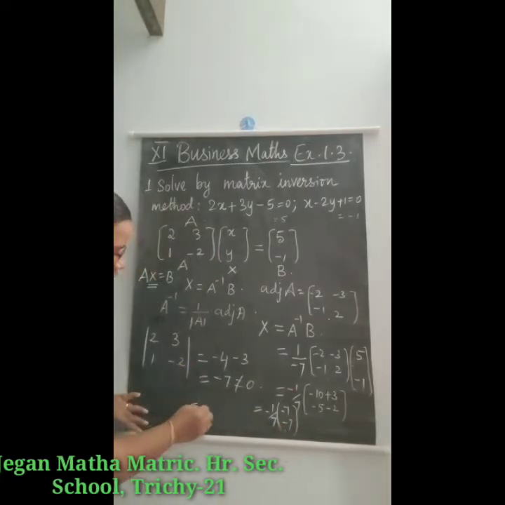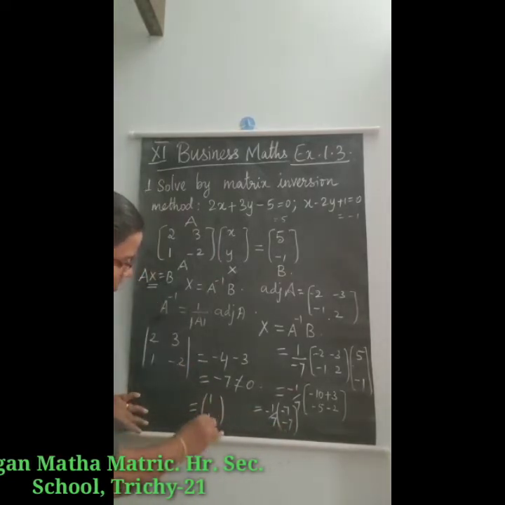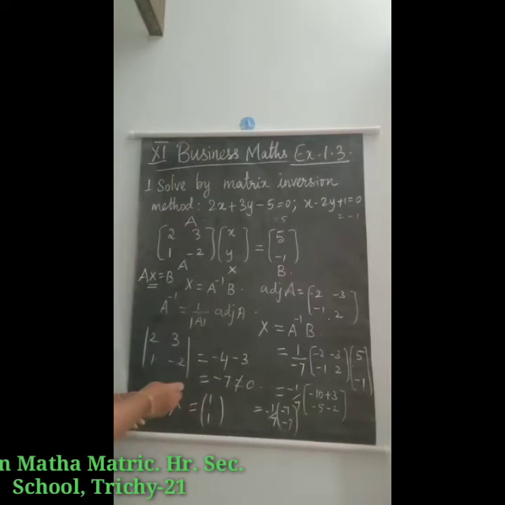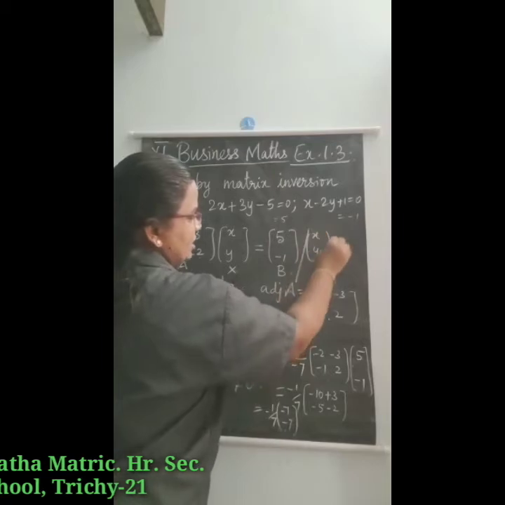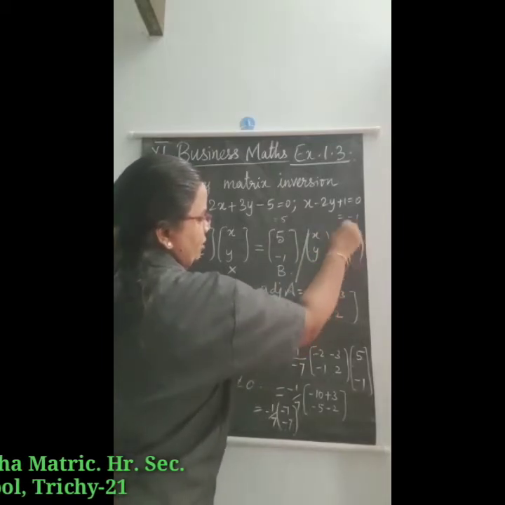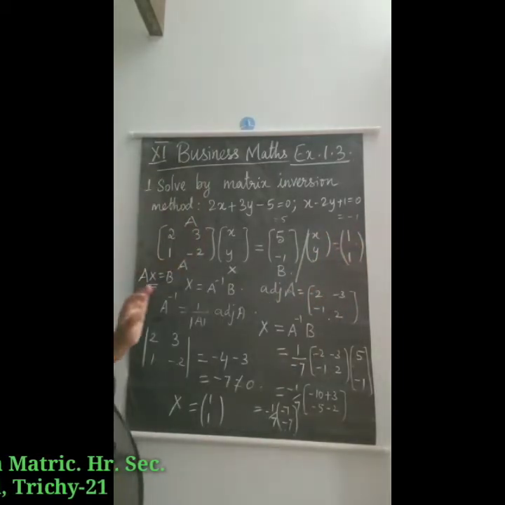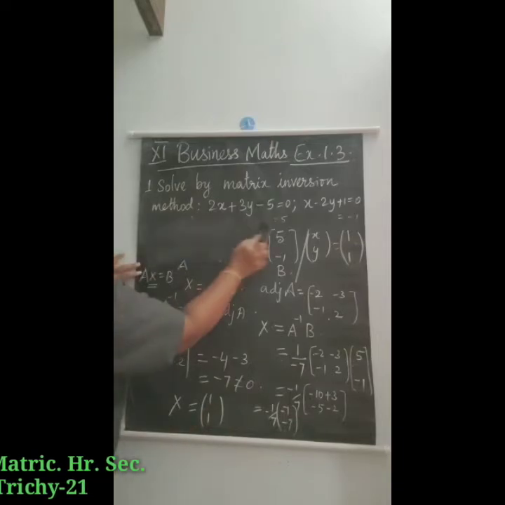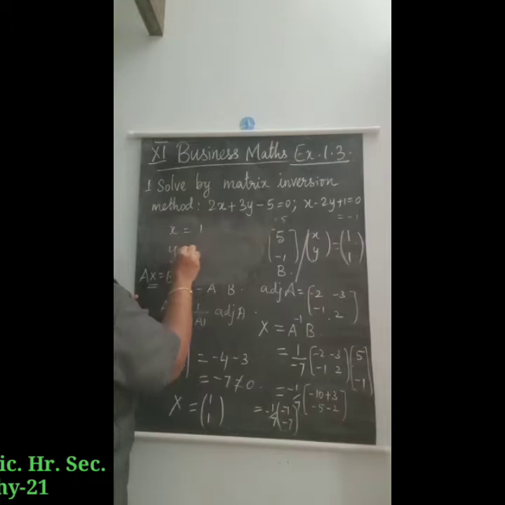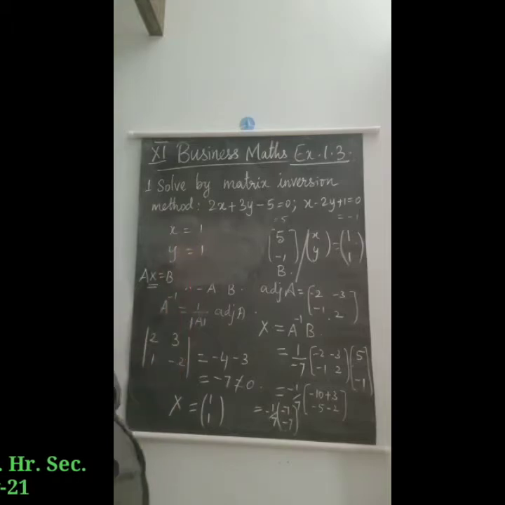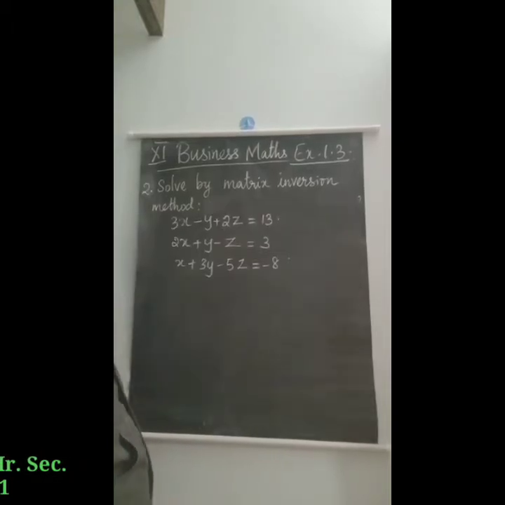So x and y is equal to 1, 1. What is the answer? x is equal to 1, y is equal to 1. Can you understand, students?